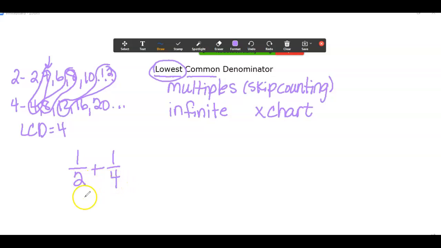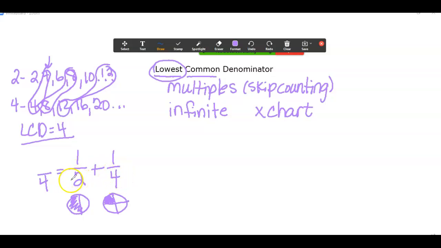I can't add 1/2 and 1/4 when they're in different denominators. What I need is to make them both into the same denominator, which is essentially what I did up here. When I found that the LCD was 4, now I know that I can change this 1/2 into fourths, and once it's into fourths, then I can add it to the fourths.